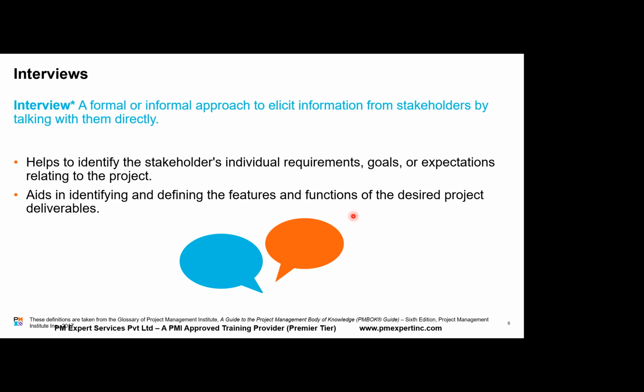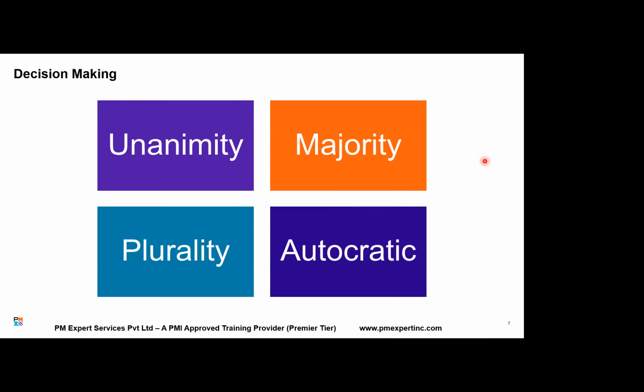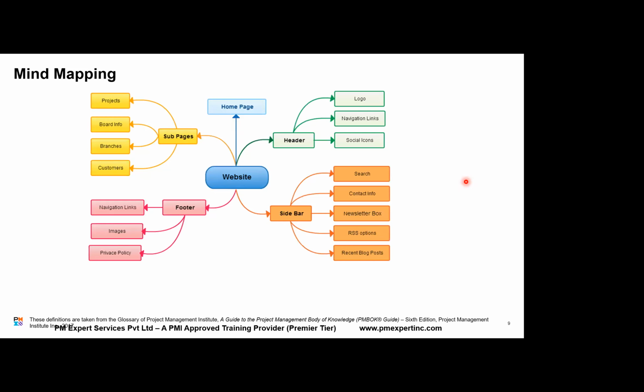First, let's at least go through all the different types of requirement collection techniques. Then we'll discuss what it means when we say unanimity, majority, plurality, and autocratic. Now, there are some other data representation techniques also, like mind mapping and affinity diagrams. This is an example of a mind map.